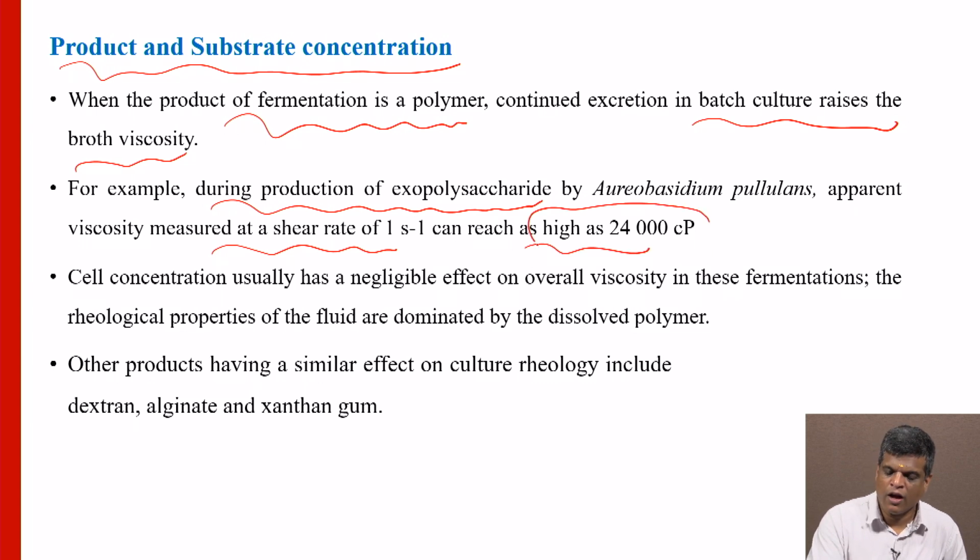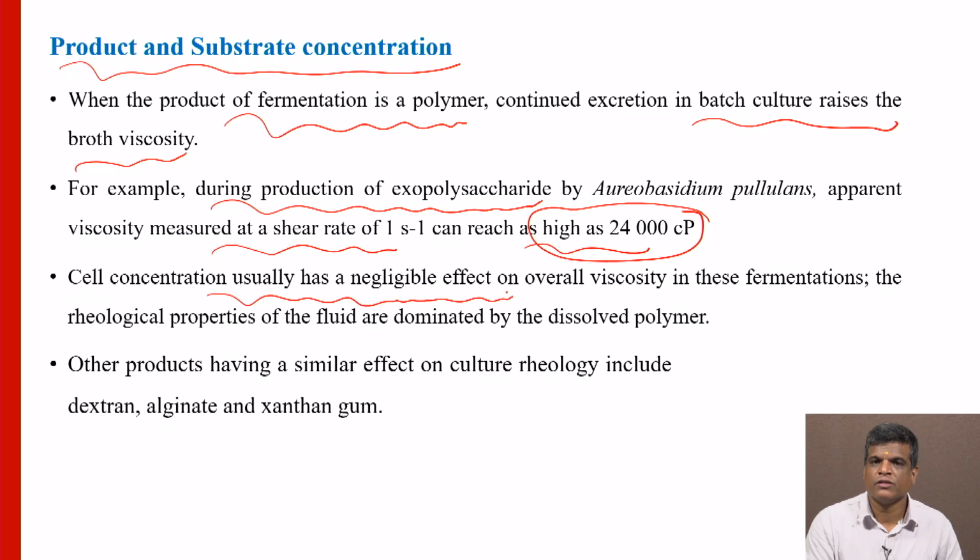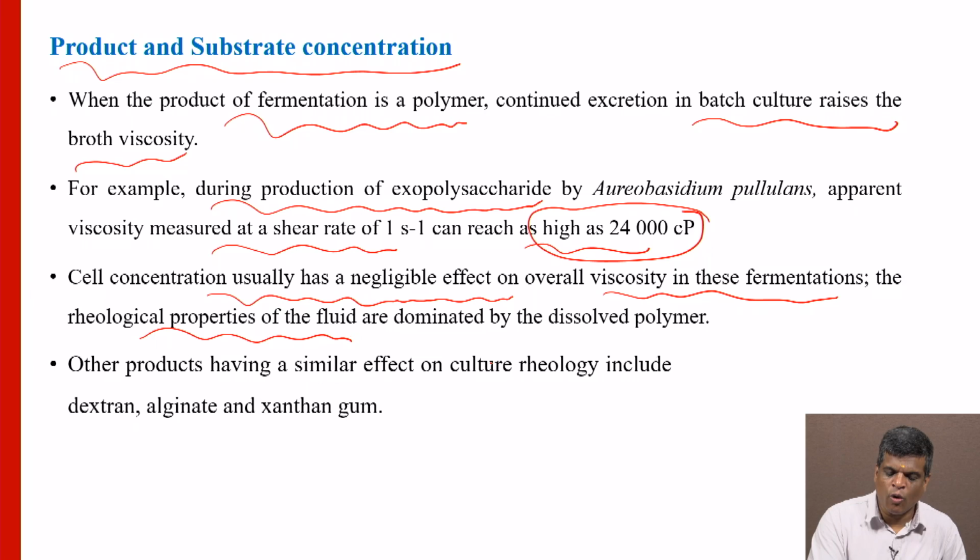Cell concentration normally has a negligible effect on overall viscosity in the fermentation. The rheological properties of fluids are dominated by the dissolved polymers. That is what we discuss here.